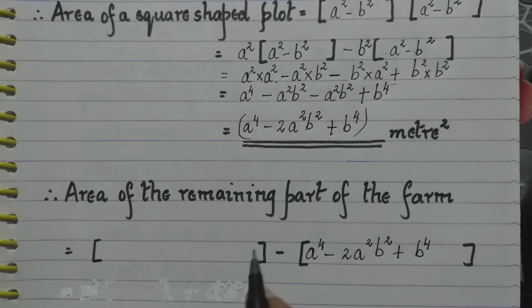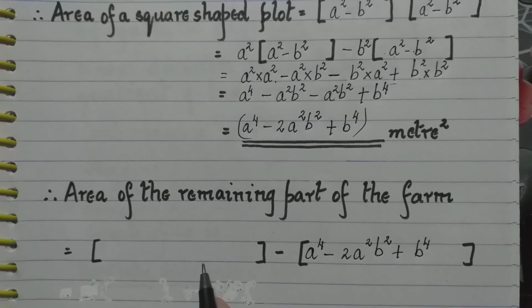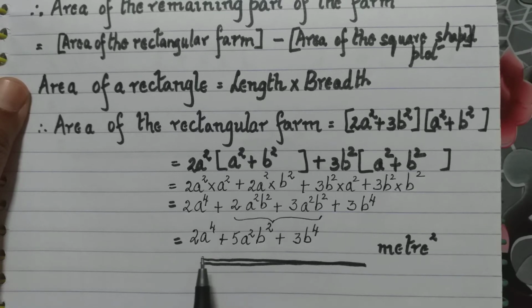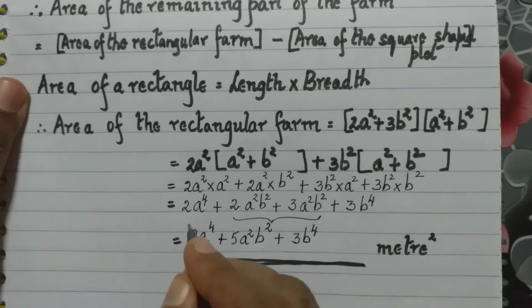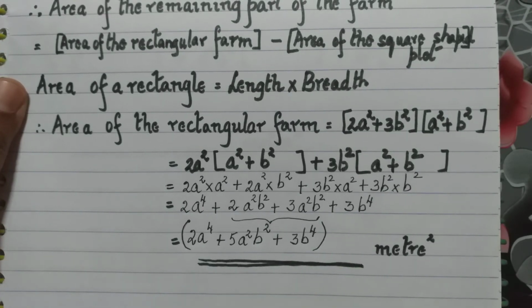Let us see what is the area of the rectangular farm. The area of the rectangular farm was 2a raised to 4 plus 5a square b square plus 3b raised to 4. Okay, so we'll write this.